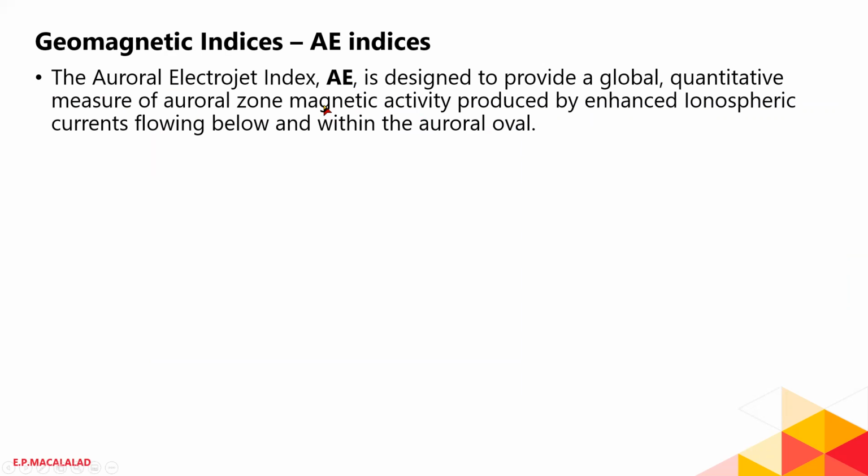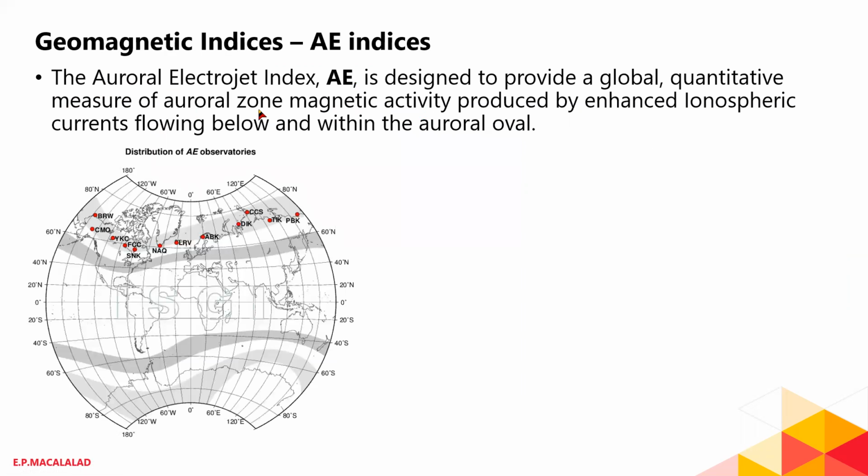So this aurora electrojet is the one that we use to look at aurora activity. So these are the magnetometers that are used to collect data and come up with an AE index.